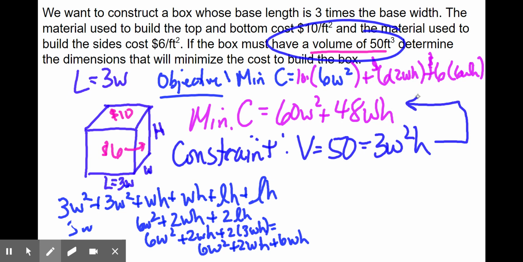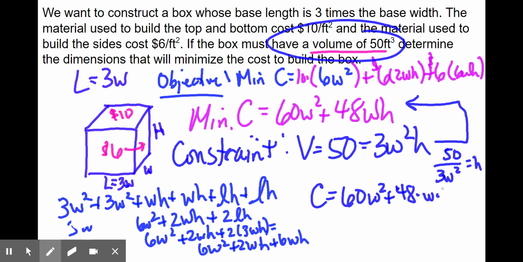Now, up here in my cost function, I have two variables. I want to knock it down to one. So I'm going to solve the volume formula for H. I'd get 50 divided by 3W squared equals H. Plug it in, and I'm going to have C equals 60W squared plus 48 times W times 50 divided by 3W squared.